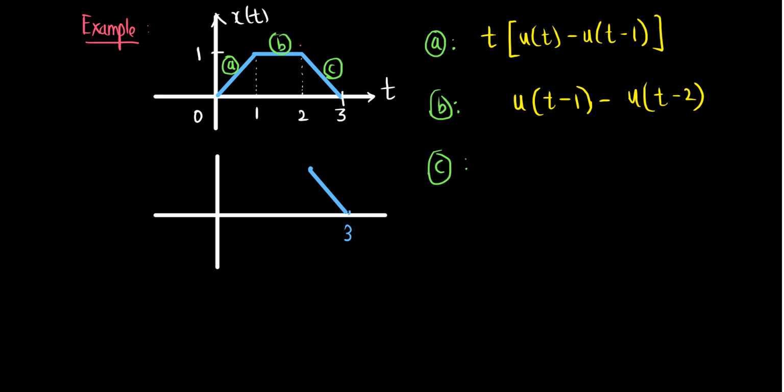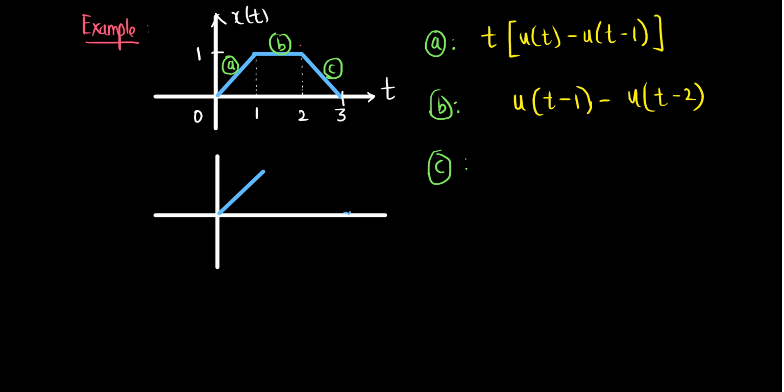So how do we obtain this signal? Let's obtain this signal step by step. Say we have this signal t. Now in order to obtain this signal, we need to flip this signal and then shift it by an amount of 3 units.